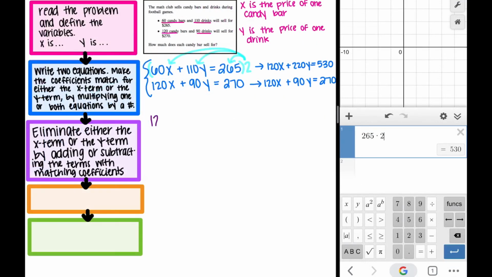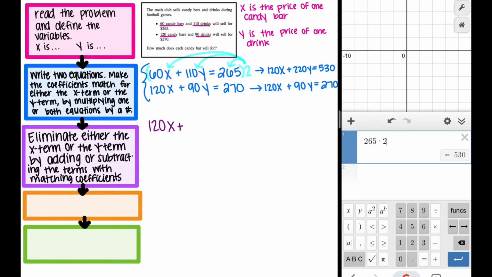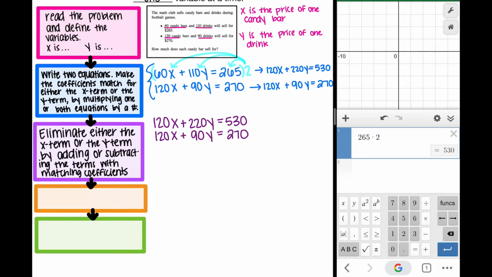I'm going to rewrite our two equations. Since our x terms have matching coefficients, we need to determine if we should add them or if we should subtract them so that they become 0.